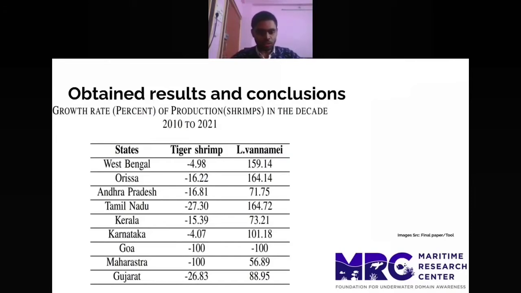It indicates that the farmers of Tamil Nadu are shifting to the Vannamei because of higher returns or some other sociological or geographical reason, finding that Vannamei is more profitable to them. That's why the tiger shrimp showed a declining trend over all the regions, and in all the regions, the Vannamei species have shown a positive trend.